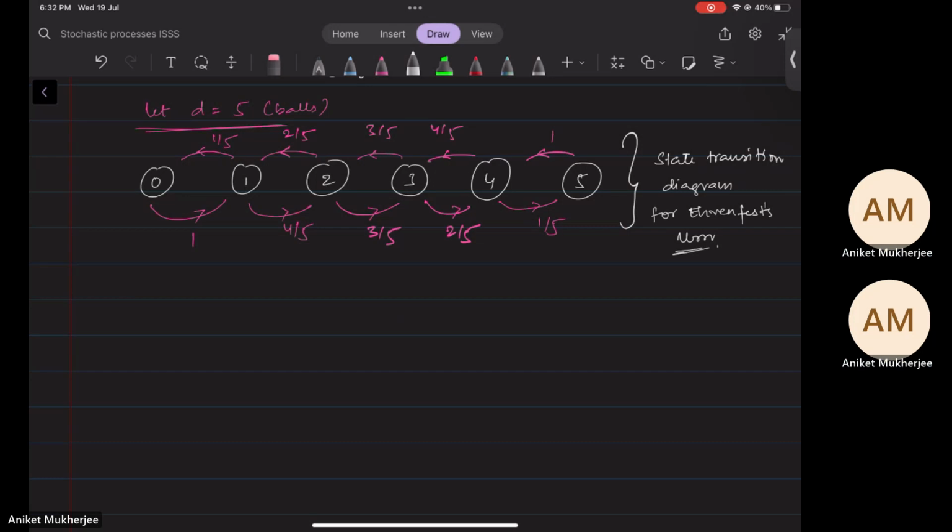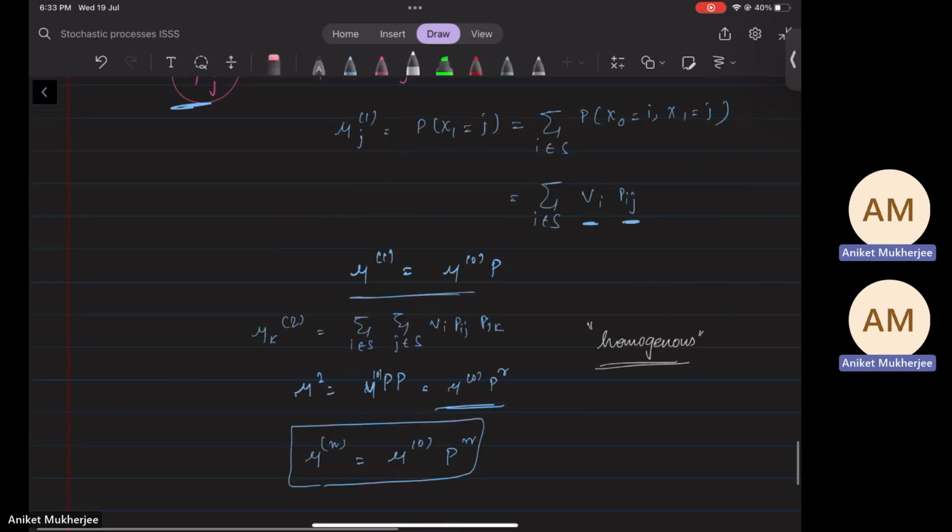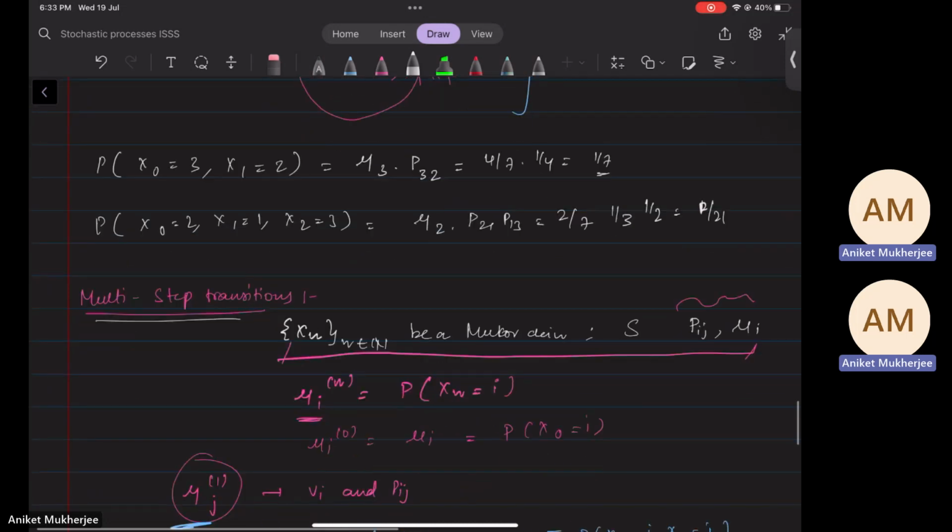Today I'll be giving a set of equations known as the Chapman-Kolmogorov equations, which also define n-step transition probabilities, for calculating these n-step transition probabilities. So this is an extension of the multi-step transitions that we are looking at.